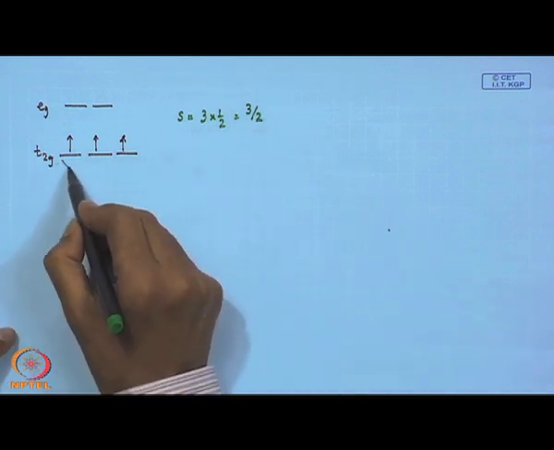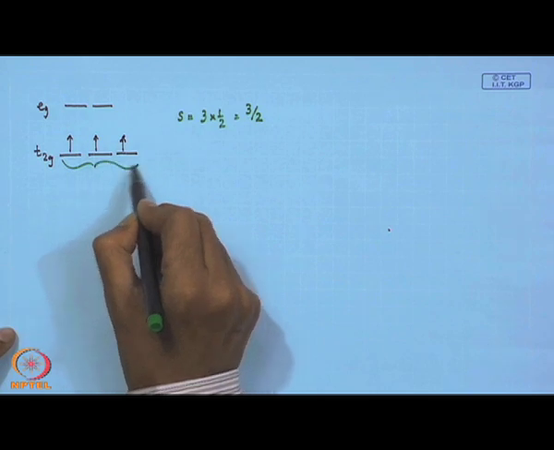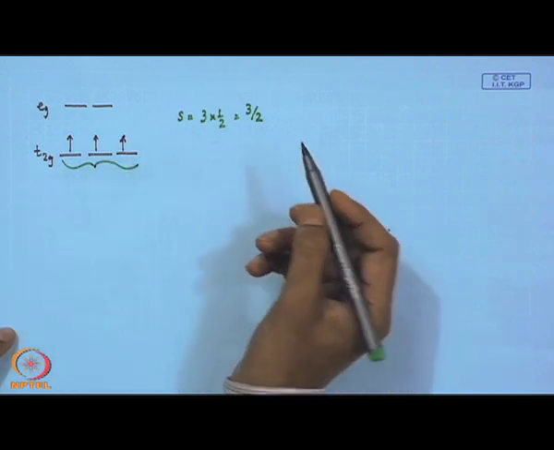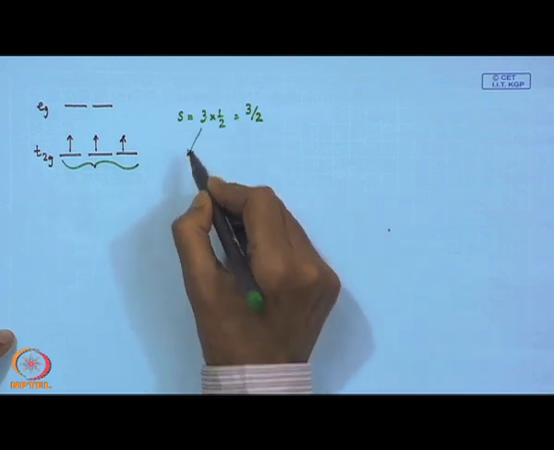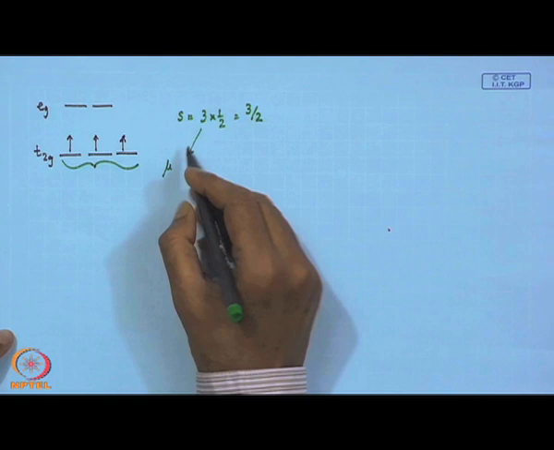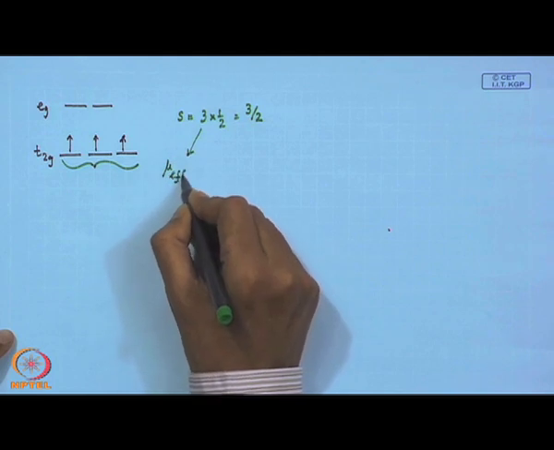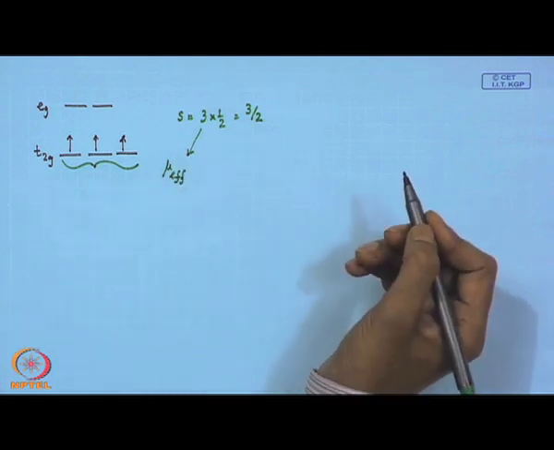Considering these 3 unpaired electrons, when we measure the magnetic moment, we should get the corresponding mu effective value for 3 unpaired electrons.